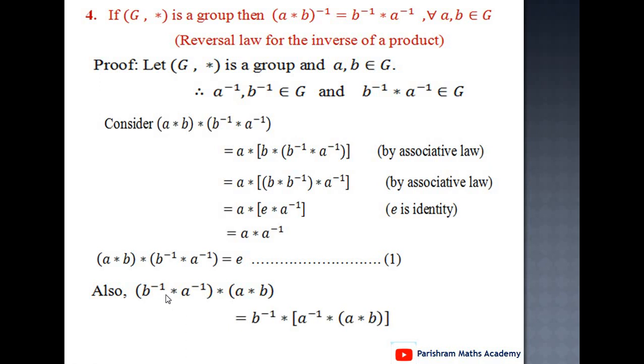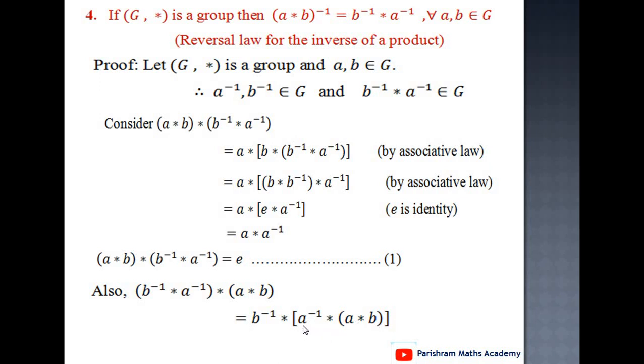Also we can interchange the elements, that is B inverse star A inverse star A star B. Again by associative law, this term can be expressed as B inverse star (A inverse star (A star B)).